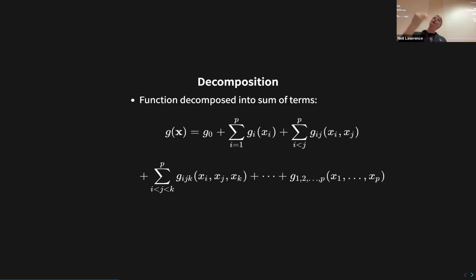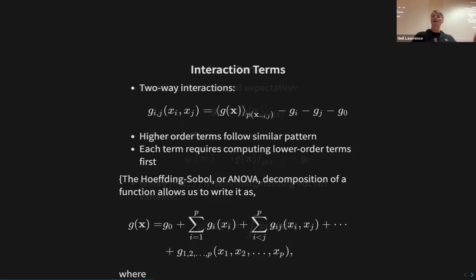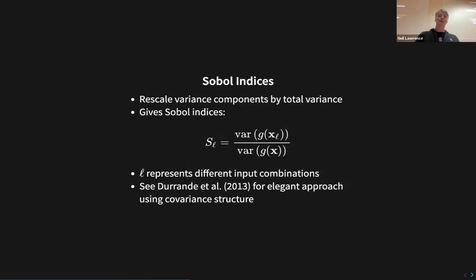So if we then want to know what the contribution of each of these terms is, if we divide each of these variance terms by the total variance, we get an index, and these are called the Sobol indices. And they're telling you the percentage of the function output that is dependent on that variable. So extremely interpretable. You're ending up with an index that says 5% is dependent on this one. That's what this slide here is saying, right?